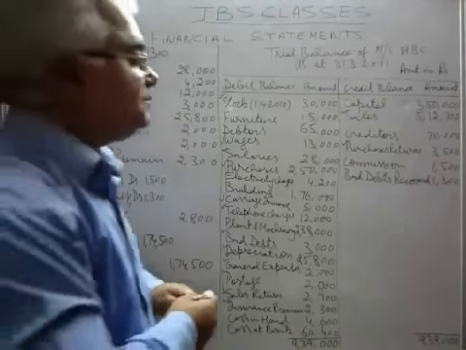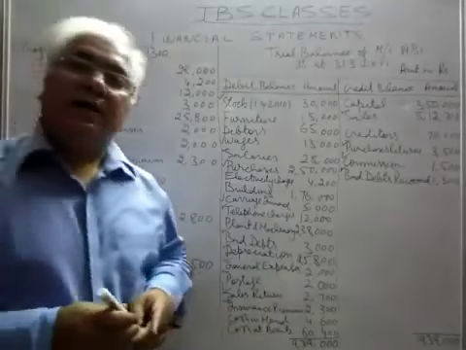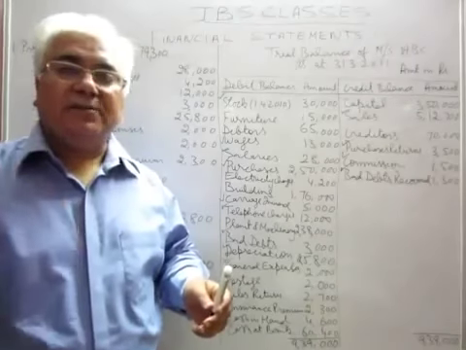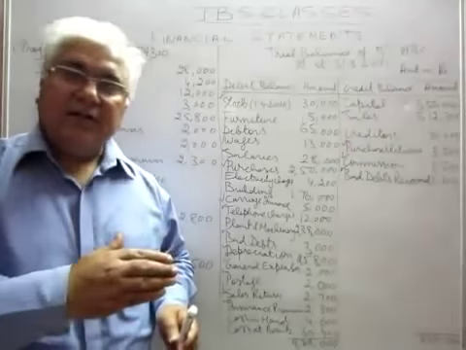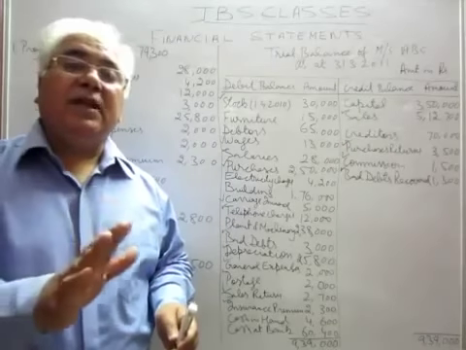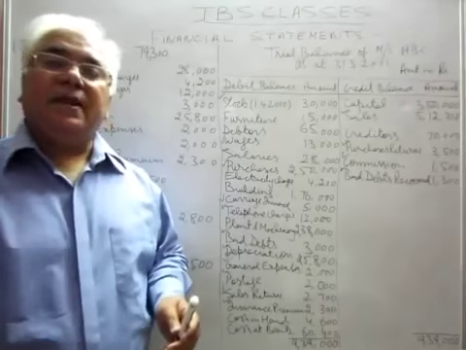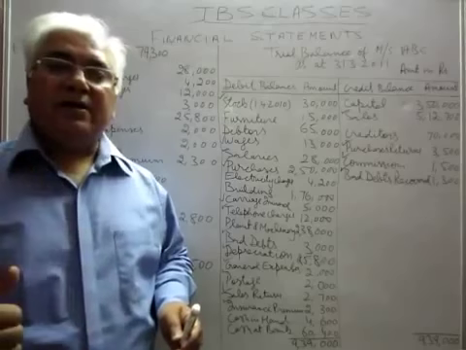Similarly, here we have bad debts recovered account. Now what are bad debts recovered? For example, Mr. A was not making us payment and we had written off his account in the past. Okay, that means we had put the entry bad debt account debit to Mr. A. Now after some time, or in this financial year, Mr. A makes us payment.